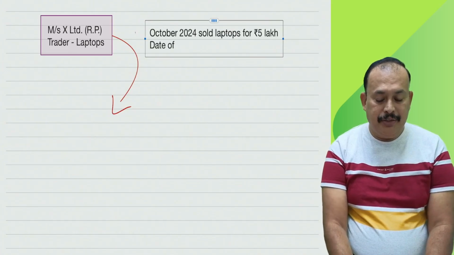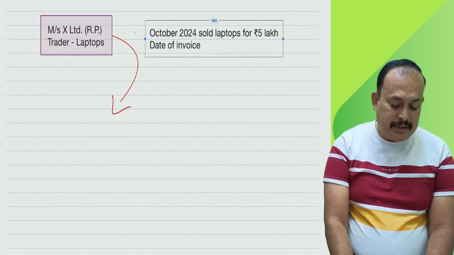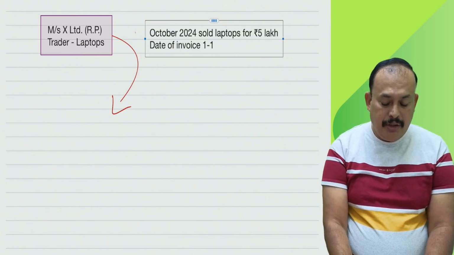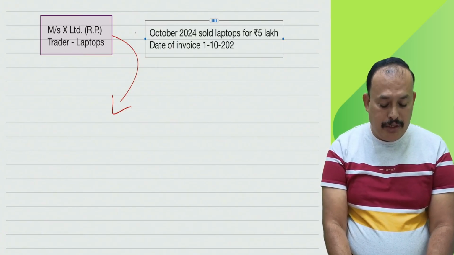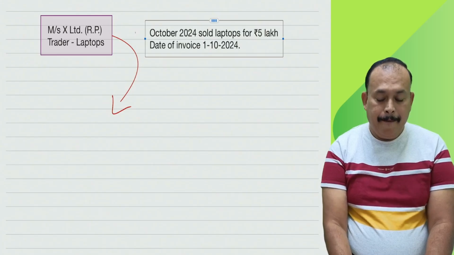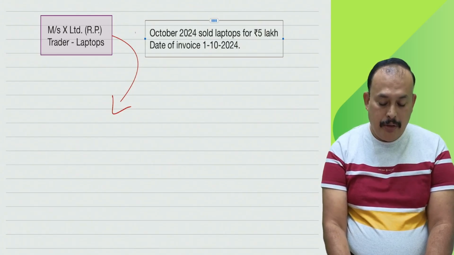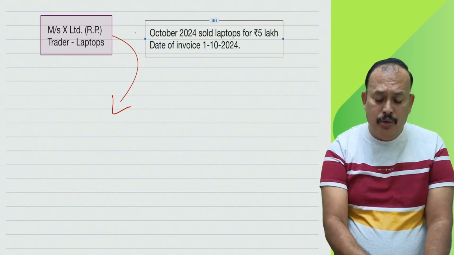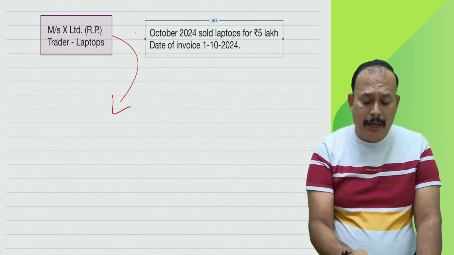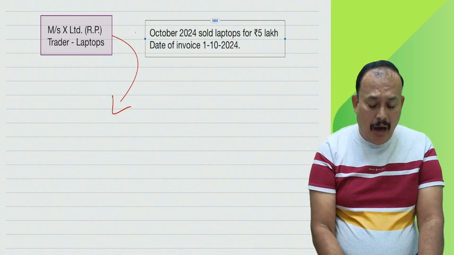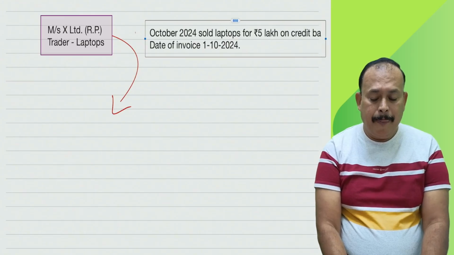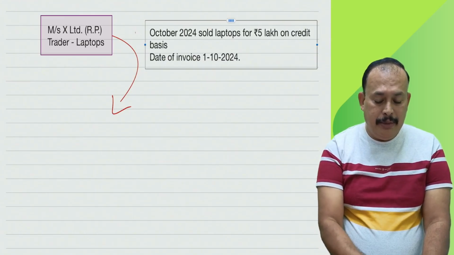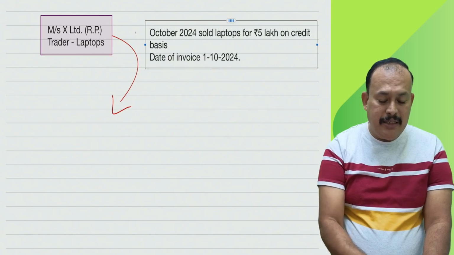Date of invoice, let us say 1st October 2024. Goods, namely laptops, sold for 5 lakhs on credit basis, and the invoice date is as follows.